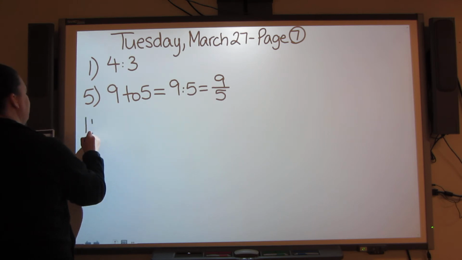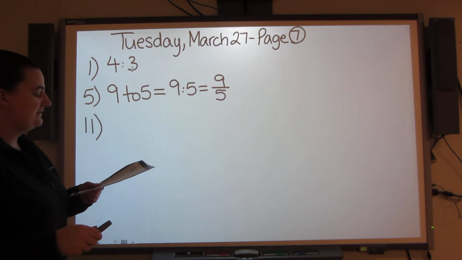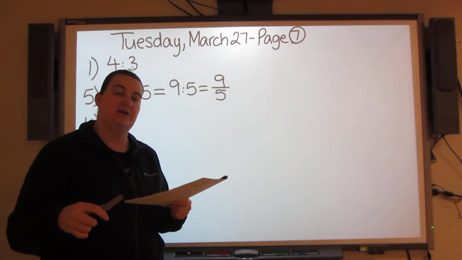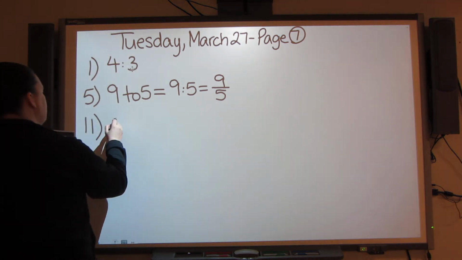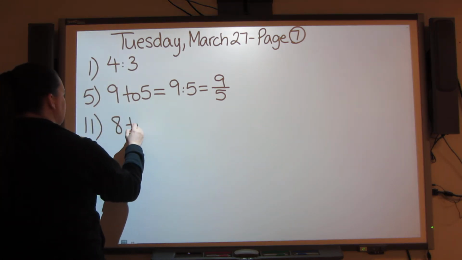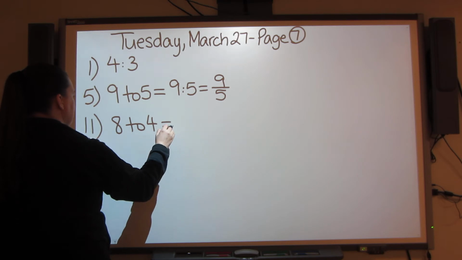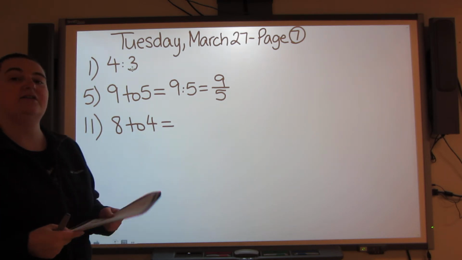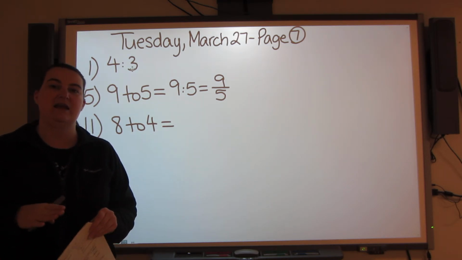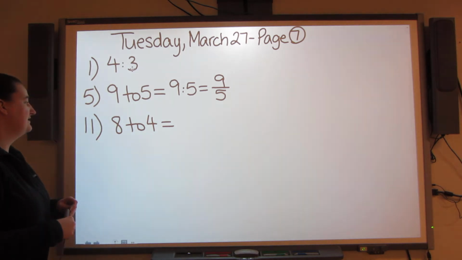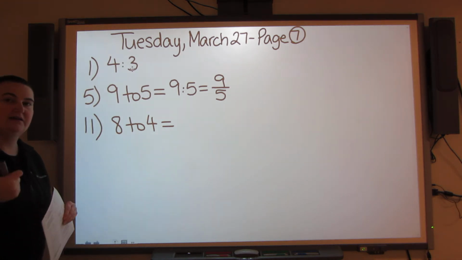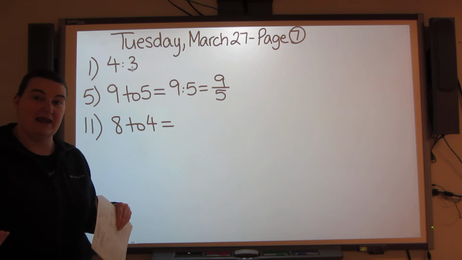Let's look at number 11. It says, write each ratio in lowest terms. So for number 11, I write 8 to 4 equals, and then I look for a number that I can divide into 8 and 4. So numbers I can divide into 8 are 1, 2, 4, and 8.